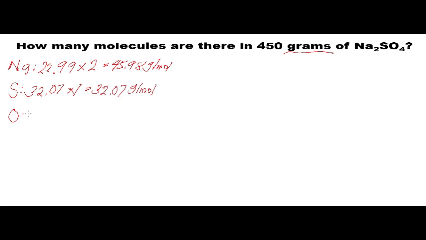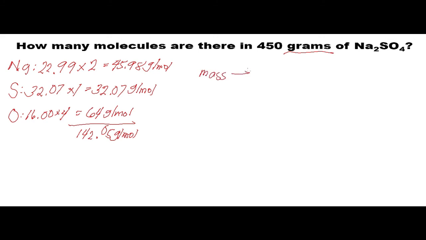For oxygen, you have 16.00. Since you have 4 atoms of oxygen, times 4, you will get 64 grams per mole. Now get the sum of these three. We will have 142.05 grams per mole.